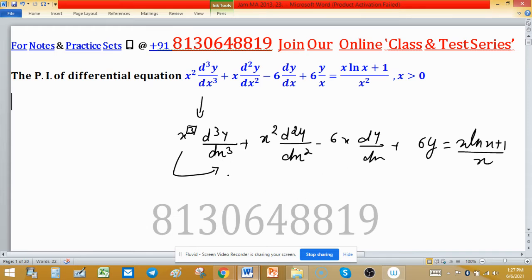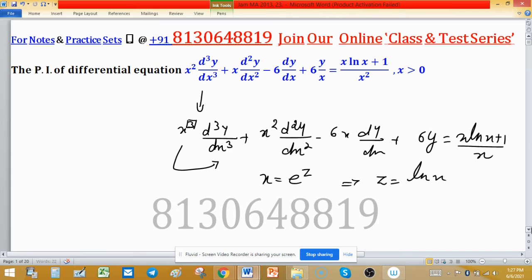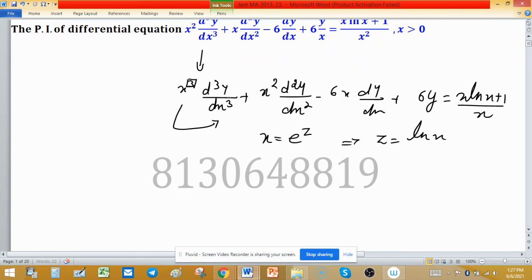So this type of differential equation we replace x by e raised to the power z. This is the substitution we use in this type of differential equation. So z can be written as ln x. So this differential equation can be written in terms of capital D, which is the differential coefficient.